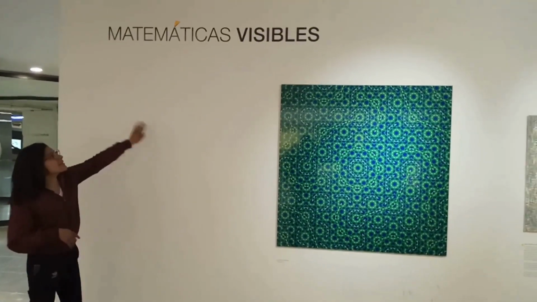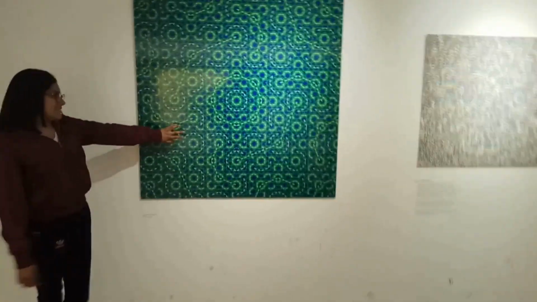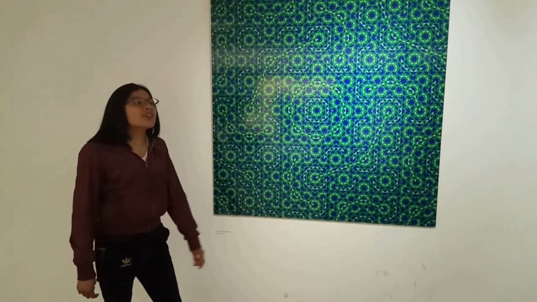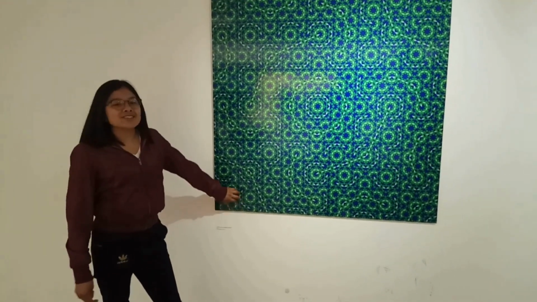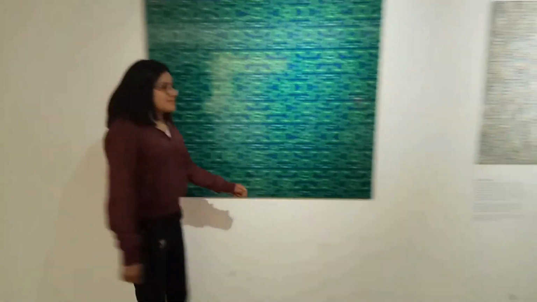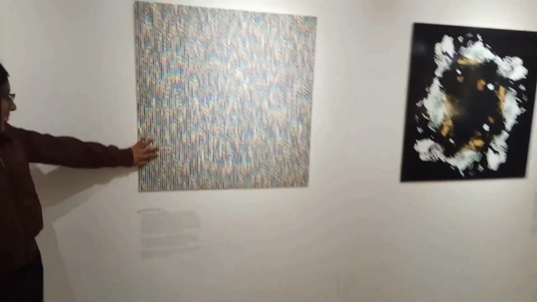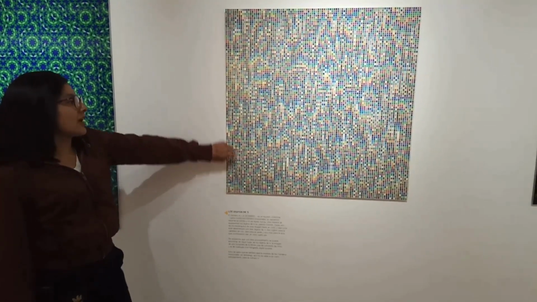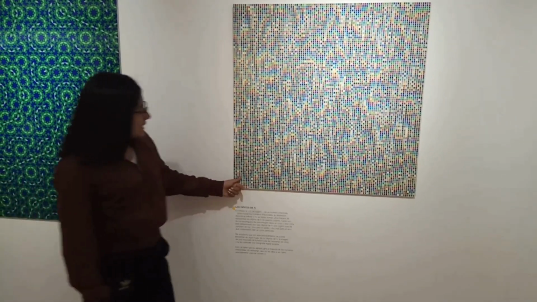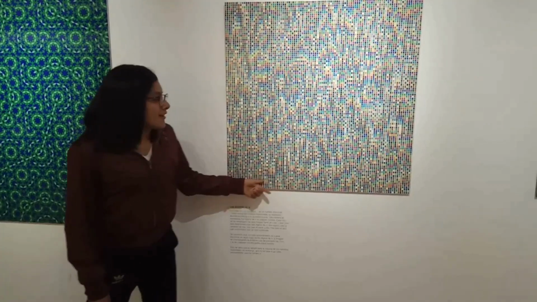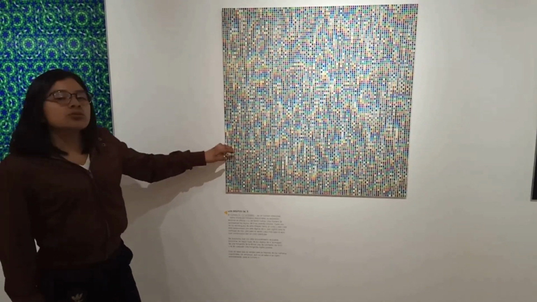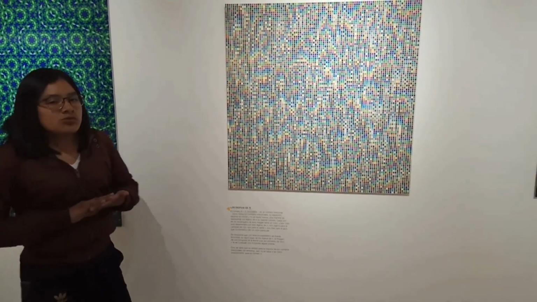Civil mathematics. This is an Ammann-Beenker tessellation from the year 2017 by Darío Alatorre Guzmán. The digits of pi. The number pi is equal to 3.1416. It is an irrational number, so its decimal expression is infinite and does not repeat itself.